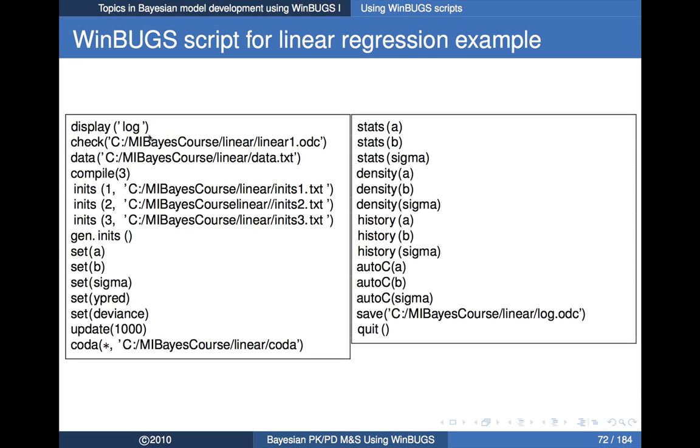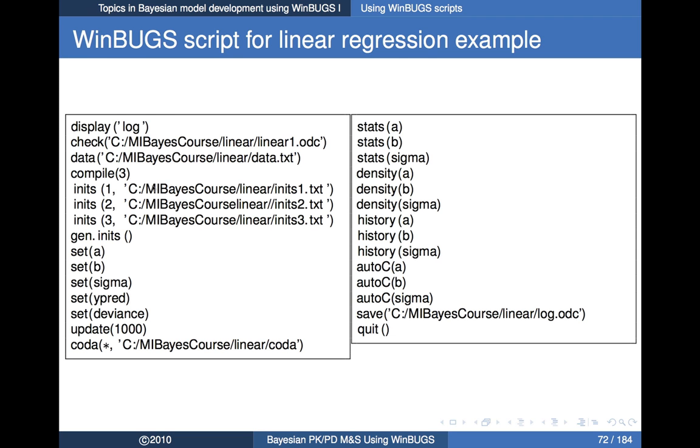Okay, the steps I was going to be taking through here, and hopefully we can get back to that on the real system: you do the check, you bring in the data, you compile it just as before. Then to do the initial estimates, if I'm going to have more than one chain, I need to give initial estimates for each one. Now in theory, all of them could be the same, but that doesn't really provide you with the kind of convergence diagnostics you'd like.